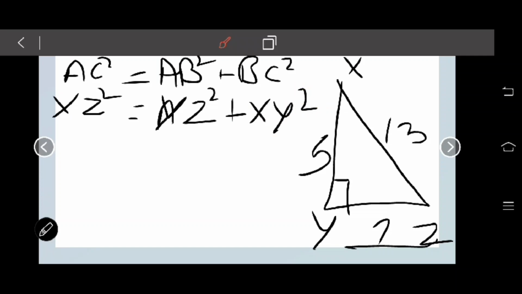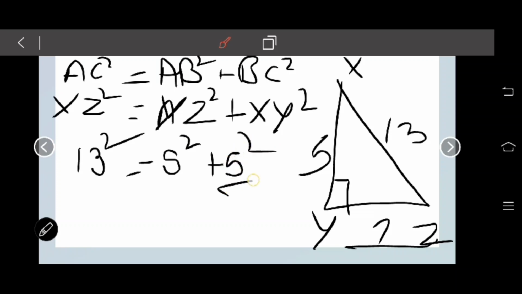So XZ is 13, so 13 square equals, we don't know YZ, so let's take it as s square, plus XY square, and XY is 5, so 5 square.